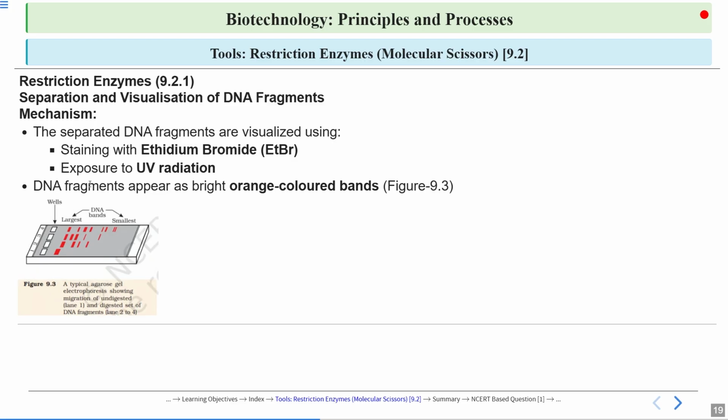So by using electrophoresis, we have separated the DNA fragments based on their size. Now, using the staining method with ethidium bromide and then exposing it to UV radiation, we can make the DNA fragments appear as bright orange colored bands.